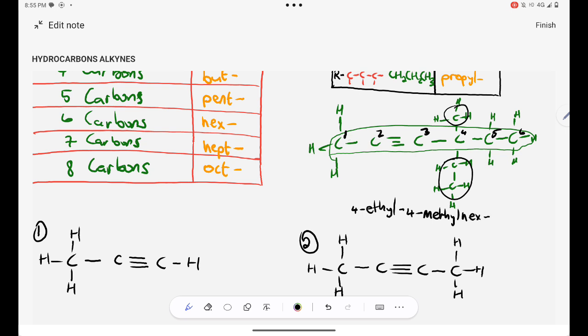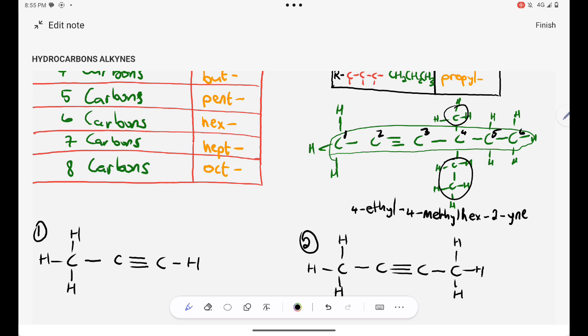Between carbon number 2 and 3, I have my triple bond, and I must always choose the smaller number between the two. That would be 2-yne. So the IUPAC name would be 4-ethyl-4-methylhex-2-yne.